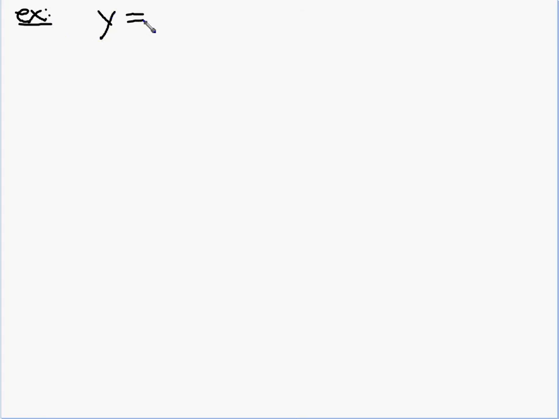Let's say that I have y equals 1/2 the cosine of x plus pi thirds. Now this one is easier in some senses because I don't have to factor anything out of the parentheses, do I? If you notice, this number right here is 1, so I don't need to factor out a 1.